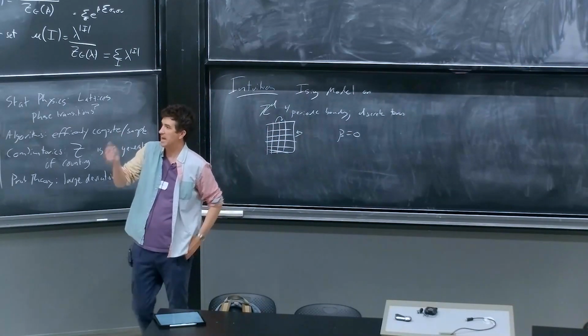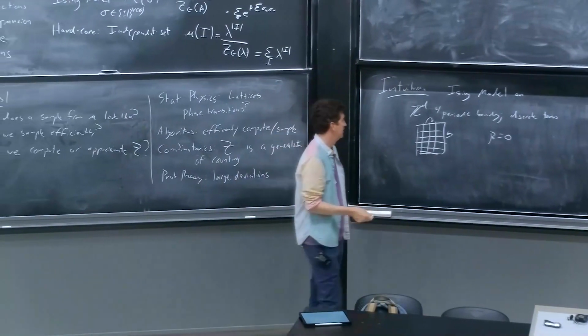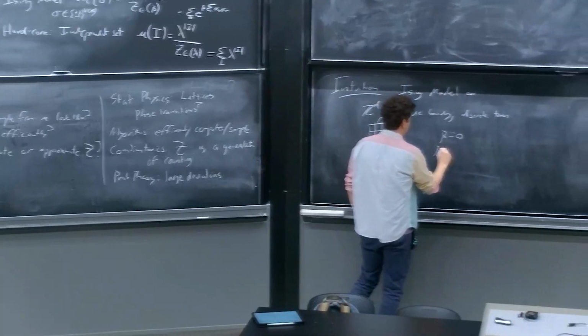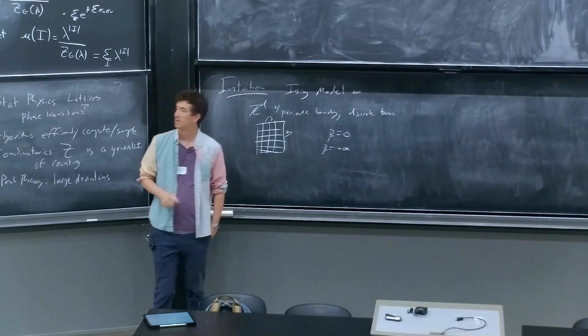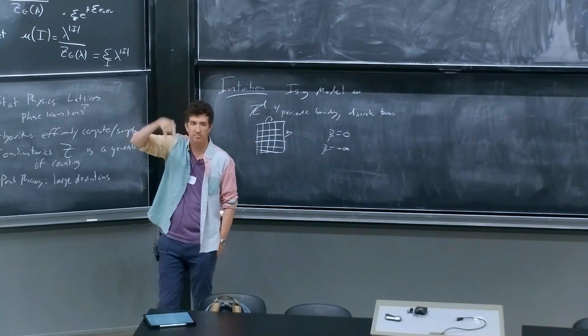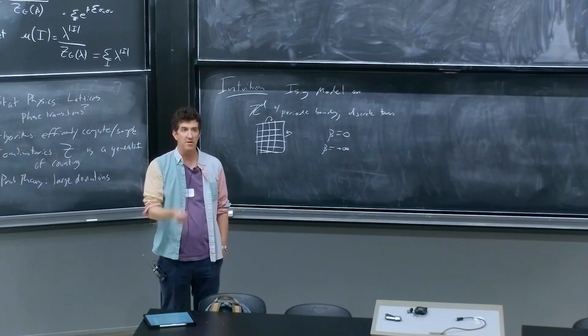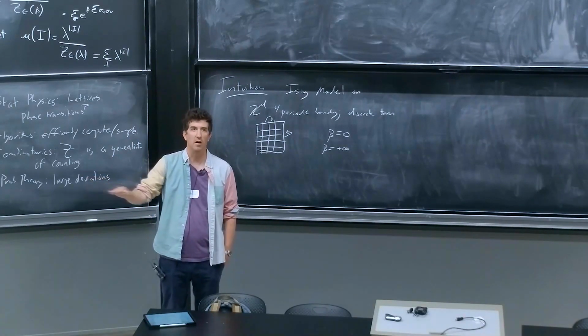They're just IID, probability 1/2 plus or minus 1 spins. So that's very easy. What if I take beta to be plus infinity? Now I really care about having the same spins across vertices. Now you're just going to flip a 50-50 coin, and do everyone the same, either all plus or all minus.